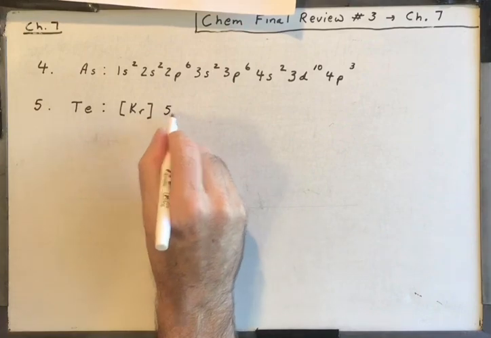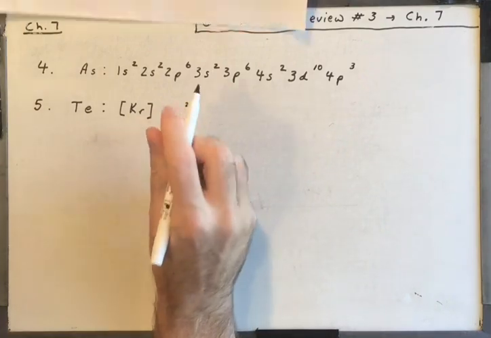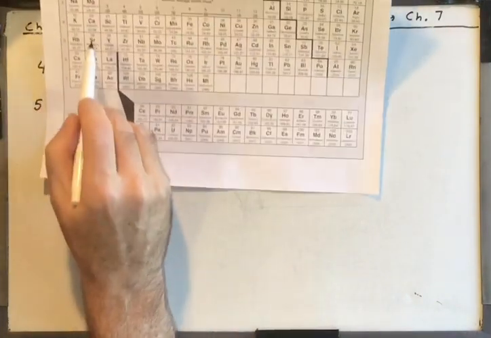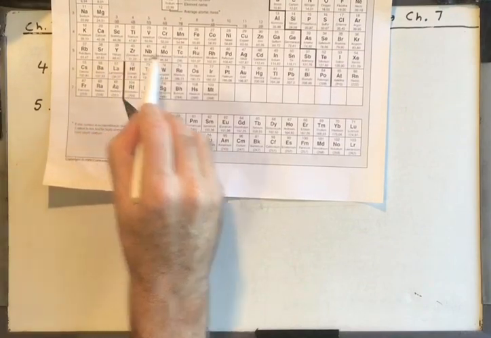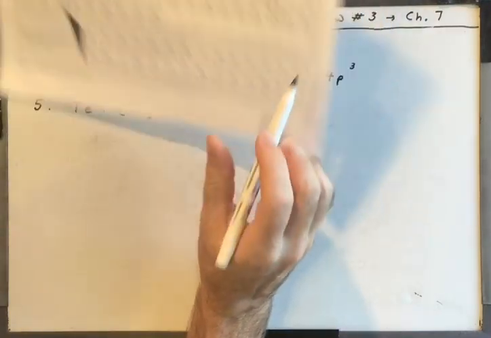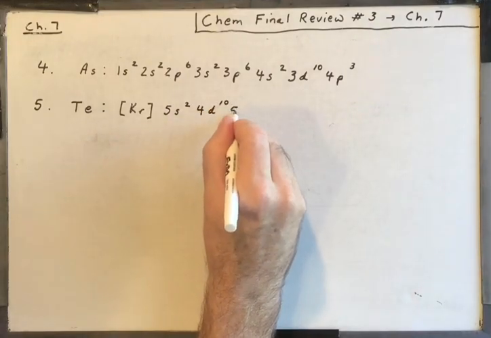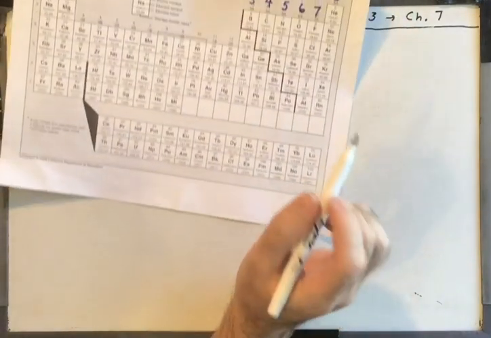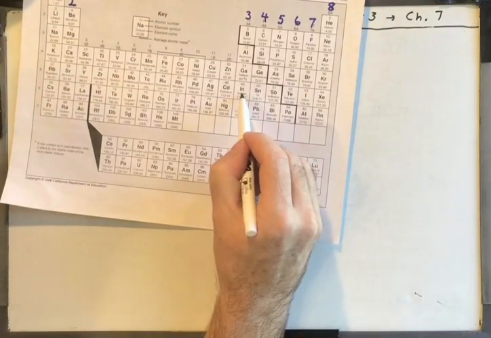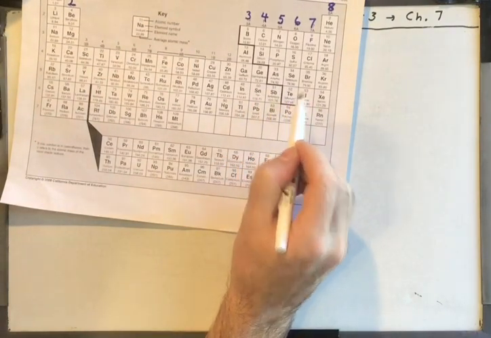So 5s2, we're at strontium. 4d10, we've made it to cadmium. Don't forget to drop that energy level. And then 5p, 1, 2, 3, 4.